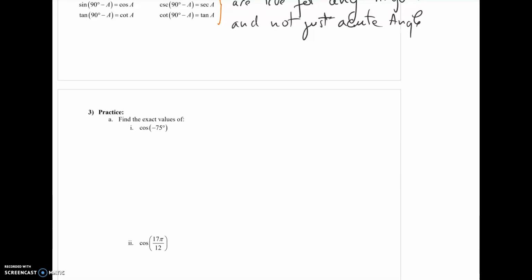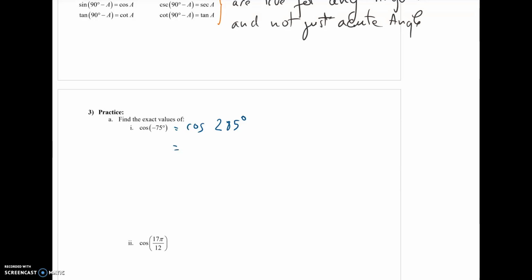All right, so let's work on the first problem: find the exact value of cosine of negative 75 degrees. First of all, cosine of negative 75 degrees is equal to cosine of 285 degrees. You should have your trigonometric circle with you, and look for angles that could help you work with 285 degrees.